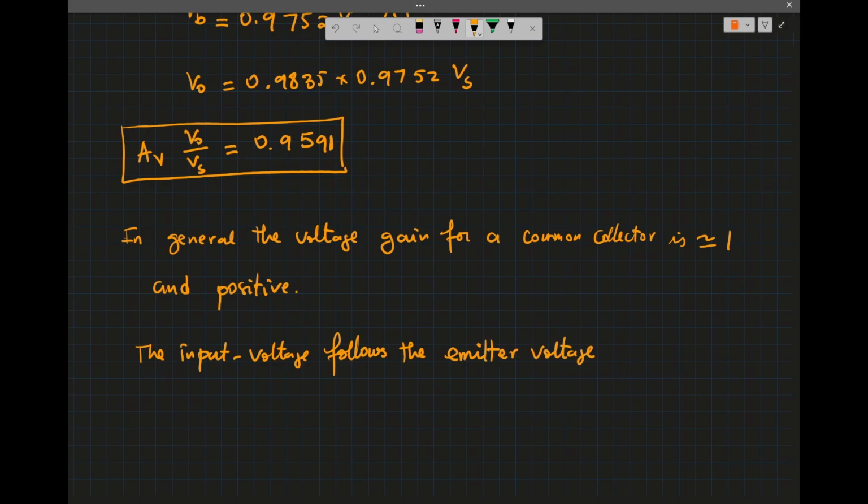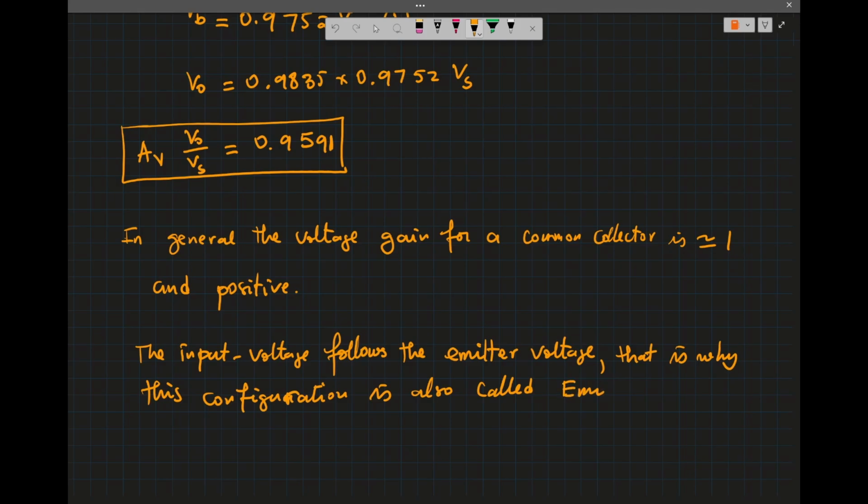So that's why this configuration is also called emitter follower.